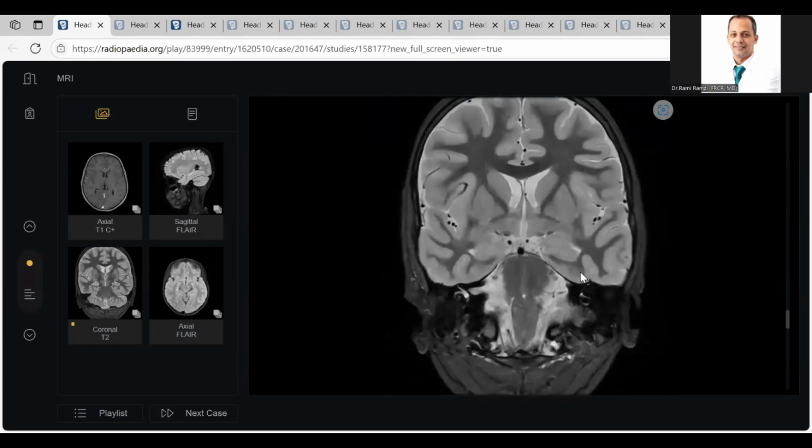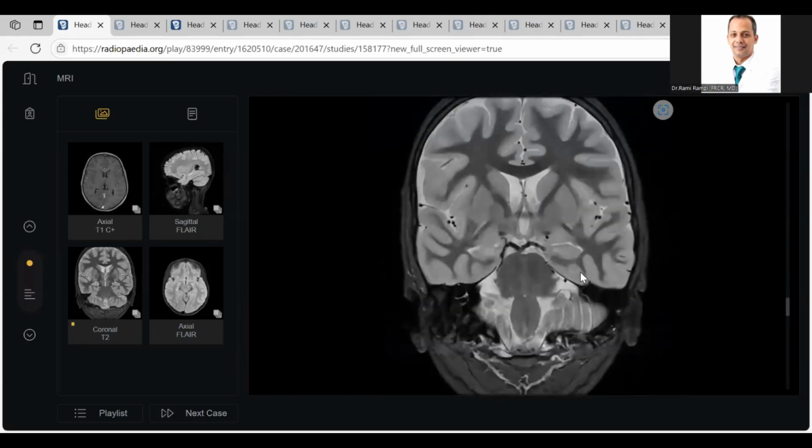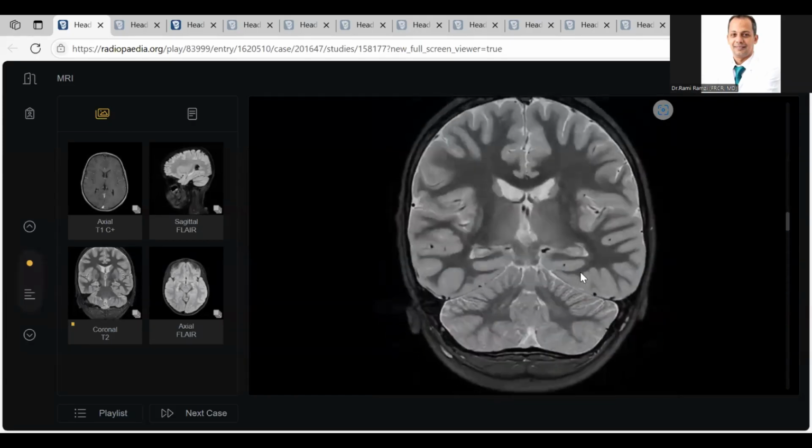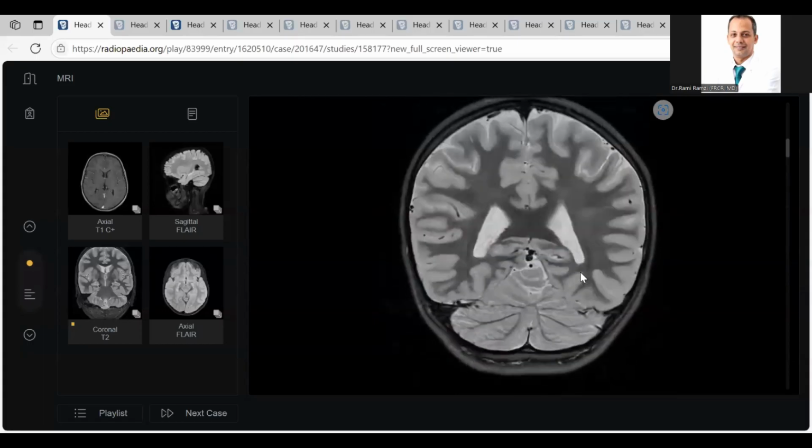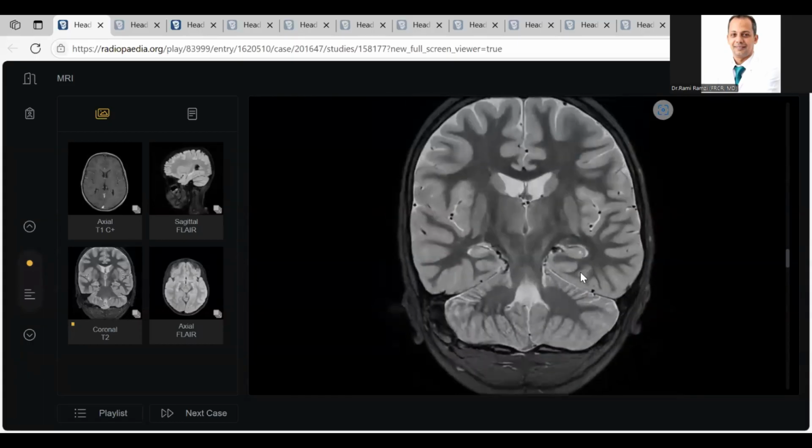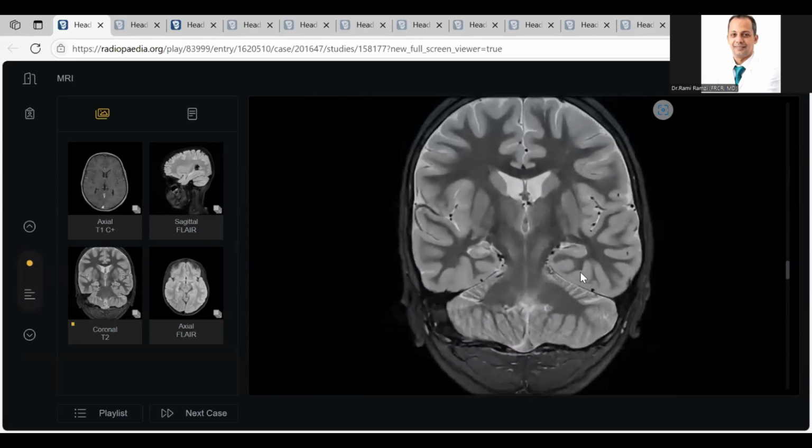So this is coronal T2 FLAIR. Okay. Look here. What happened here? An 8-year-old with persistent epilepsy.